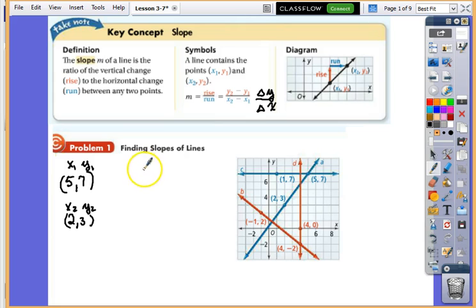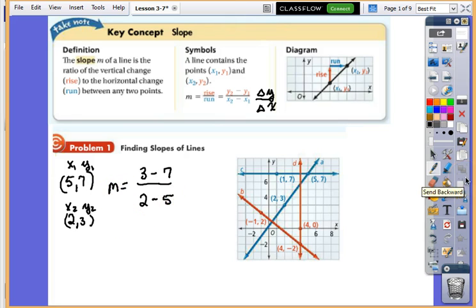And so if I'm putting it in the formula, I guess I should be consistent. It's y2 minus y1 over x2 minus x1. And that's what the slope is.